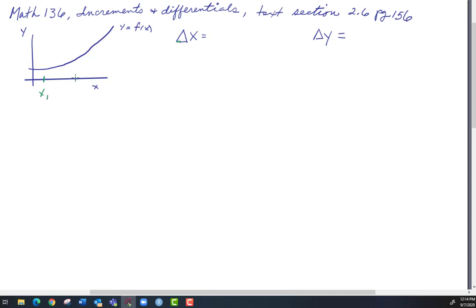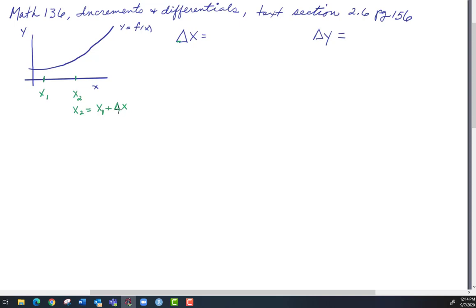And then let's get another point, x2, and suppose that we designate x2 as x1 plus a tiny chunk of the x-axis, delta x. So x2 is just x1 and then move ahead an amount delta x.